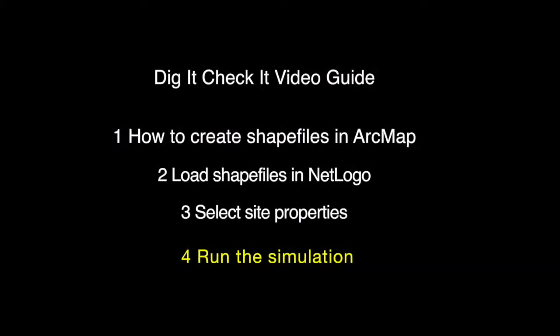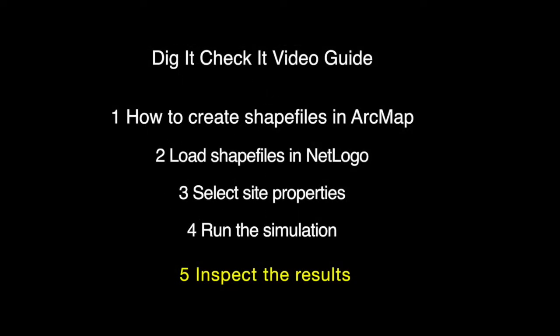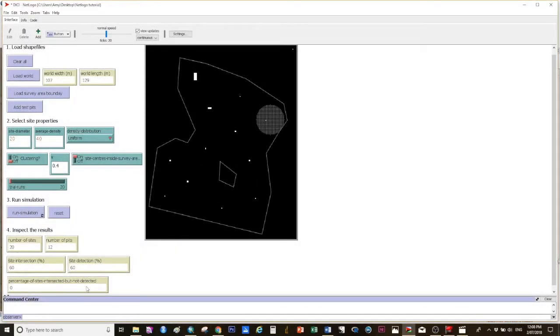And then we're ready to run the simulation, and that places the 20 sites randomly within the survey area to determine how many would be intersected and detected by the test pits that were dug. And these results are displayed in the lower part here under the results section.